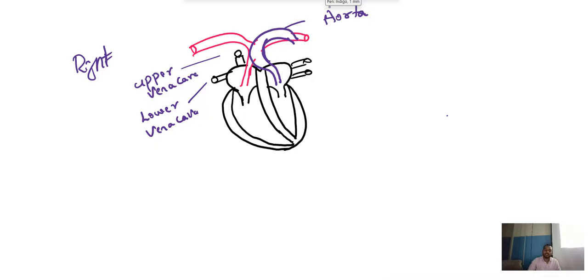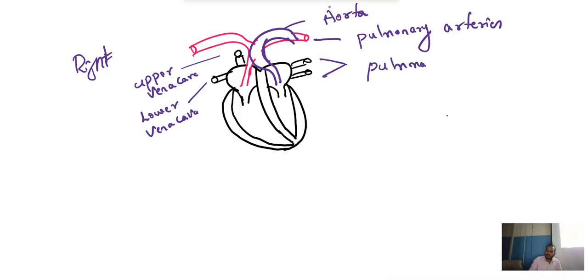Can you see the shape of T? This shape of S is aorta. Can you see the shape of T? This T is the pulmonary arteries. Can you see both? These are pulmonary veins. Pulmonary artery, pulmonary veins.